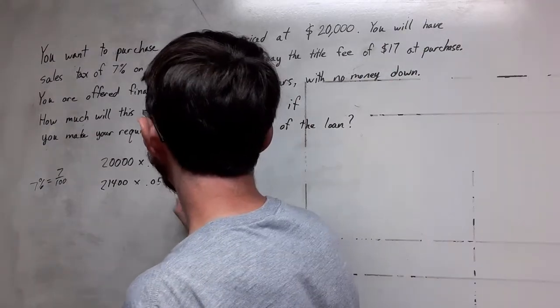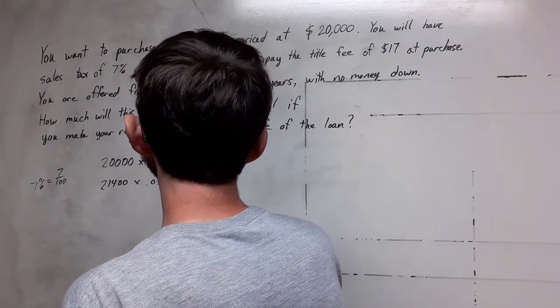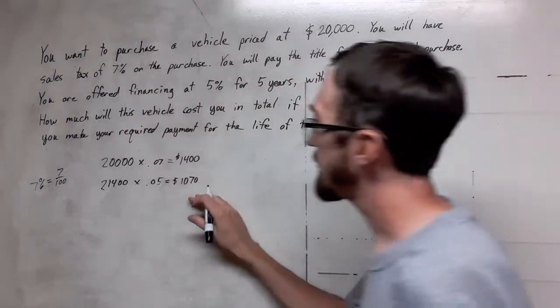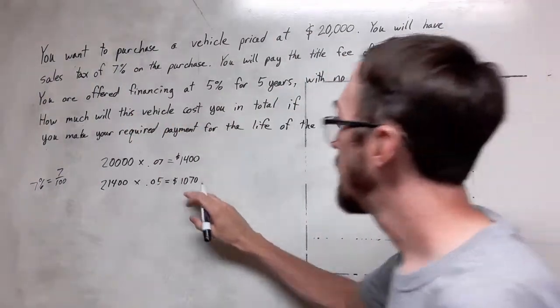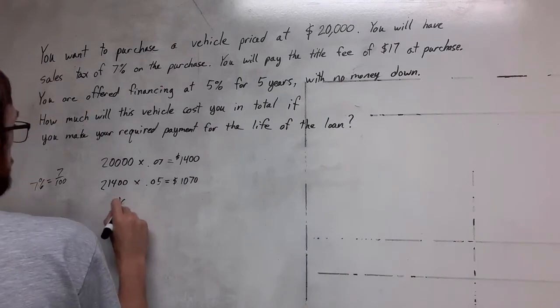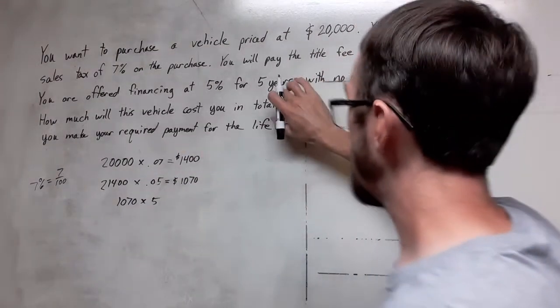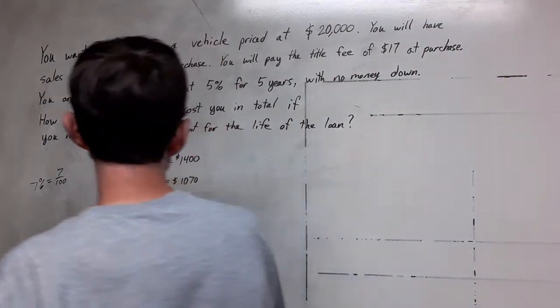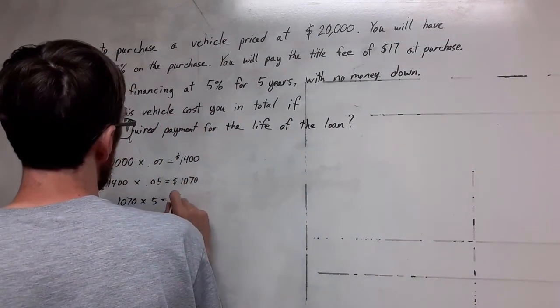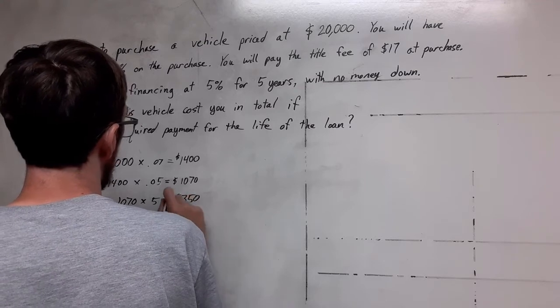This gives us that it's going to cost us $1,070 each year on this loan. So we're taking this $1,070 and multiplying it by 5, the 5 years of the loan. And that is $5,350.